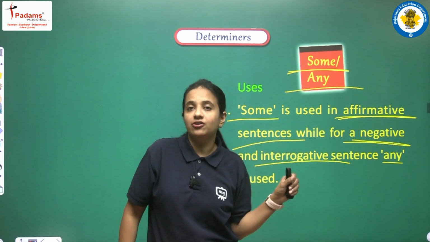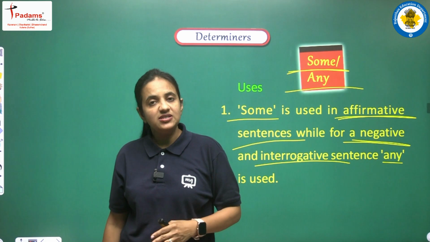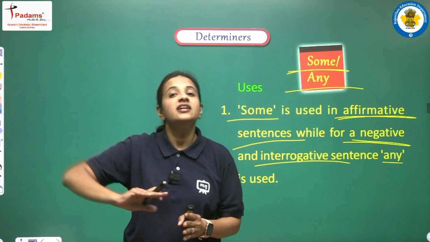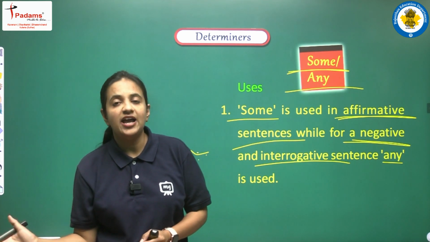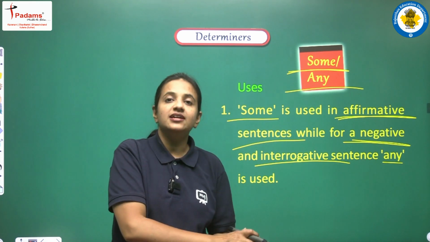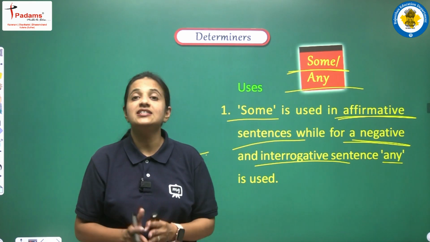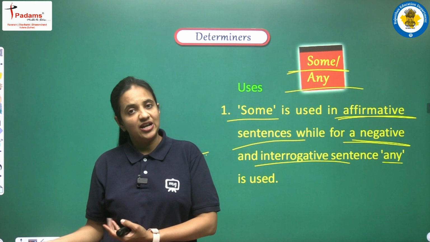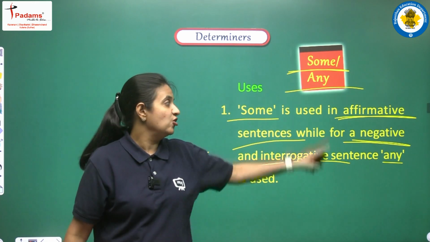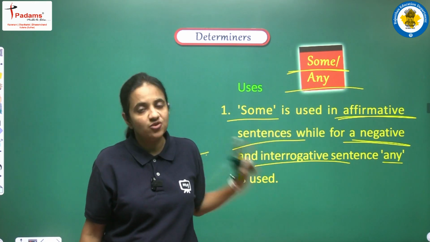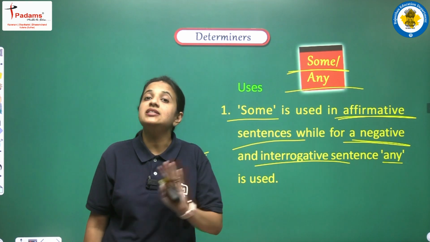Now let's talk about the affirmative sentence. An affirmative sentence is a sentence that is neither interrogative nor negative. It means a sentence that is neither negative nor interrogative. Such sentences are known as affirmative sentences, in which we have a simple statement.